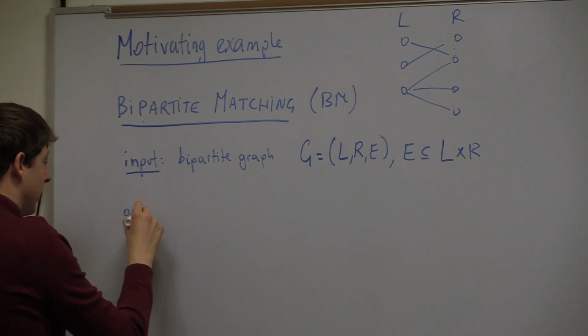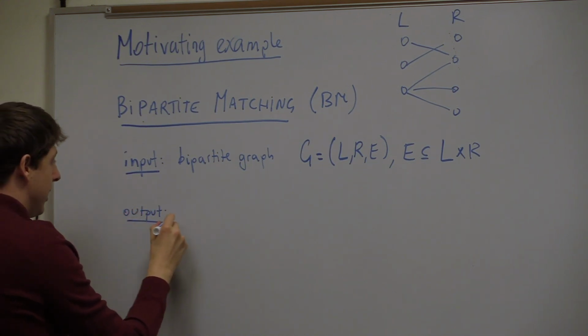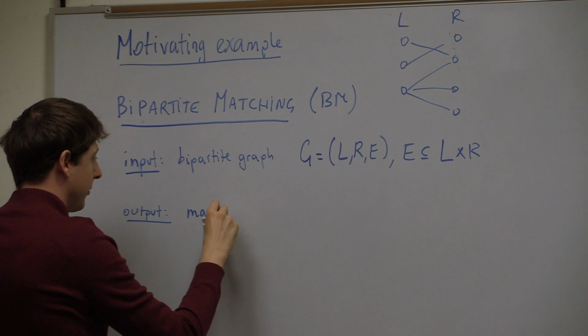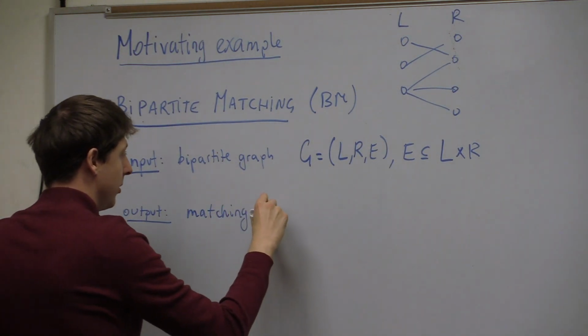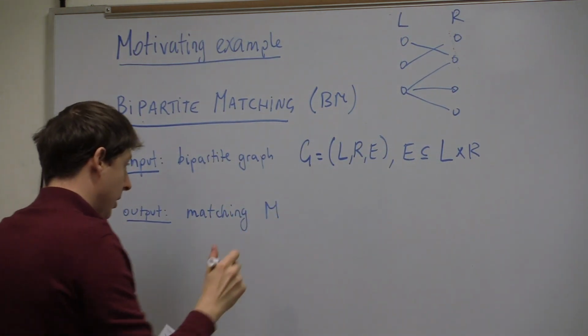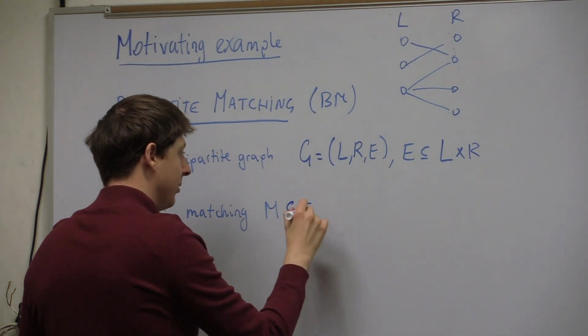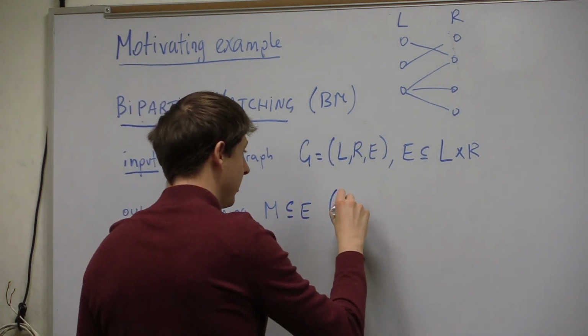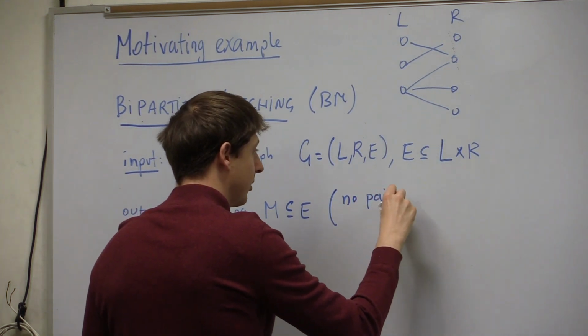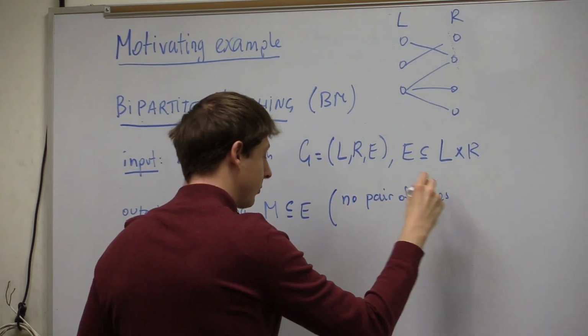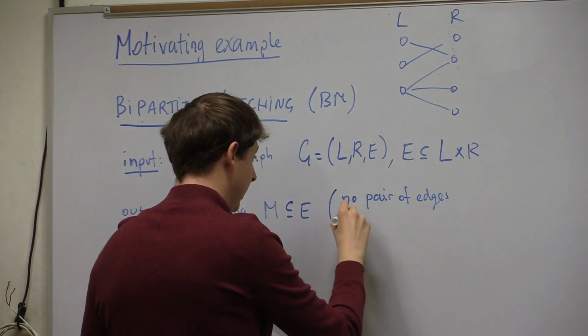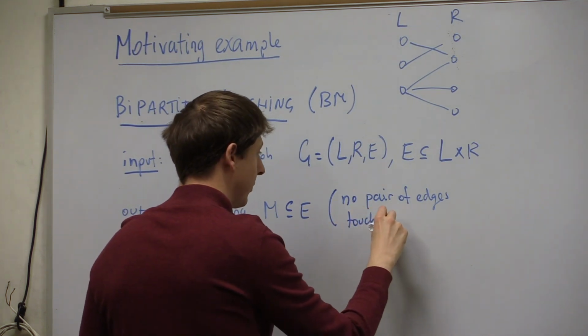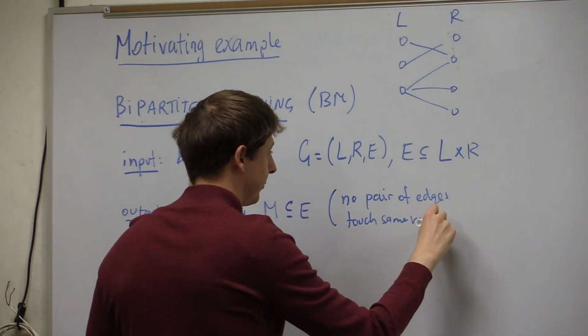And we want to find a matching. So a matching M is a set of edges in this graph where no pair of edges touch the same vertex. So we'll see an example in a moment.